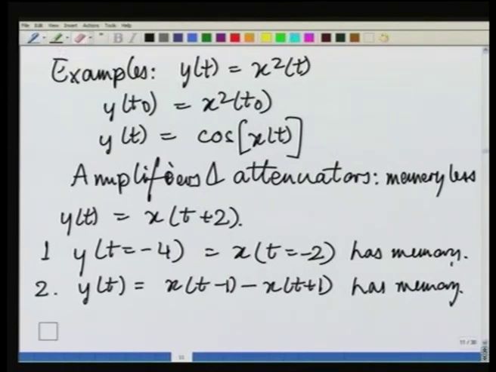Let us say that y(t) equals x(t) minus 2 to the power x(t).